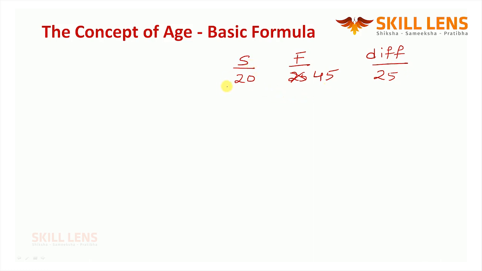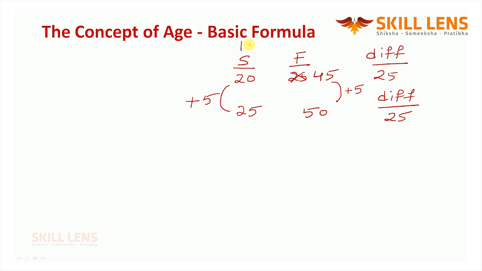After 5 years, after means plus. After 5 years, son's age will become 25. After 5 years, father's age will become 50. What is the difference here? The difference is 25 again.